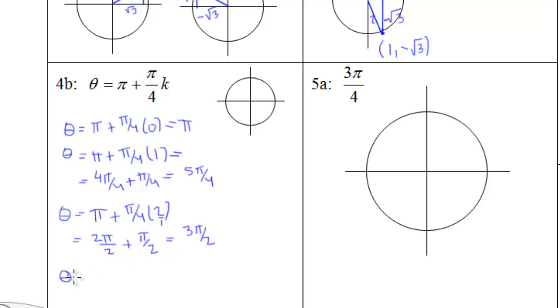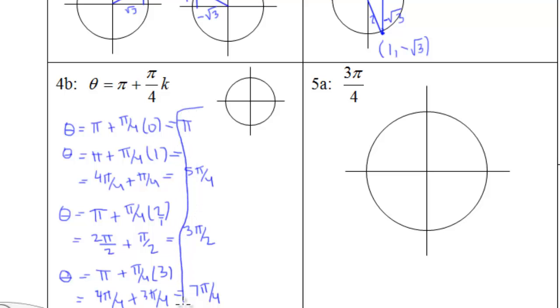And then the last one is pi plus pi over 4 times 3. So that equals 4 pi over 4 plus 3 pi over 4, which is 7 pi over 4. So this is my answer here. Pi, 5 pi over 4, 3 pi over 2, and 7 pi over 4.